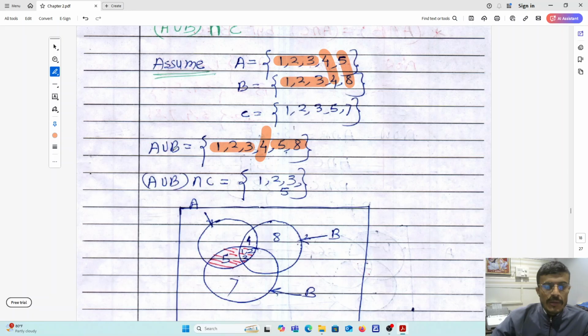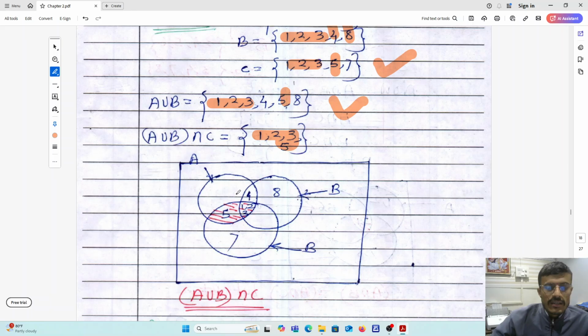We already have the result of A union B. You have to intersect it with this set, 1, 2, 3, 5, 7. You have to find the common terms between this one and this one. Okay. So the common terms are 1, 2, 3, and 5. So 1, 2, 3, 5 will be the result.